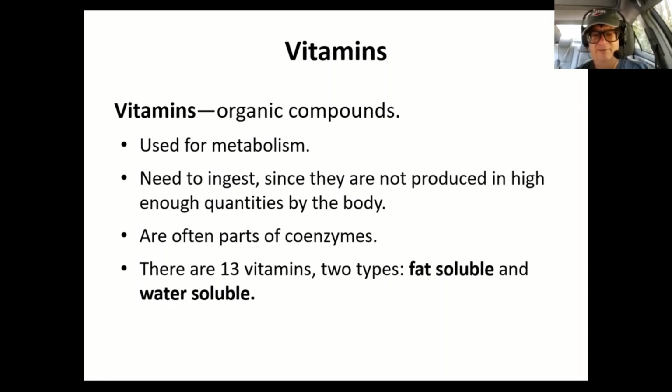If you take too much A, D, E, or K, those things stay in your body. They stay in your liver. And it's possible to have too much A, D, E, or K and shorten your life. I should probably pull up a link about that too. I'm not going to though because I'm low on battery. Anyway, let's move on.